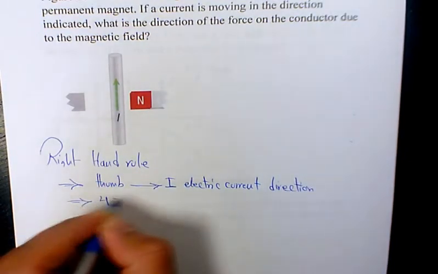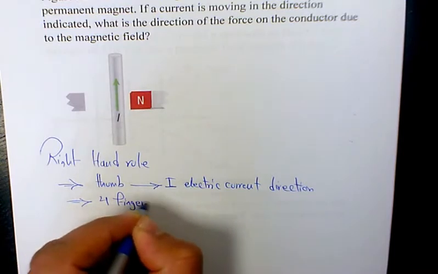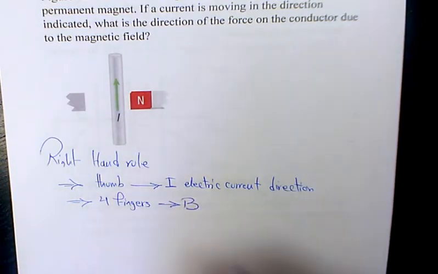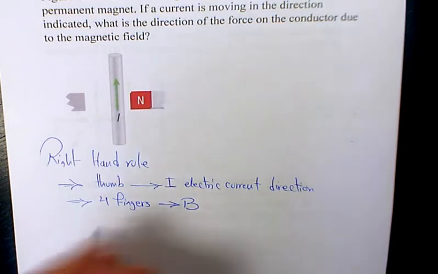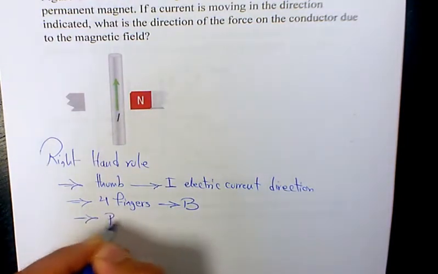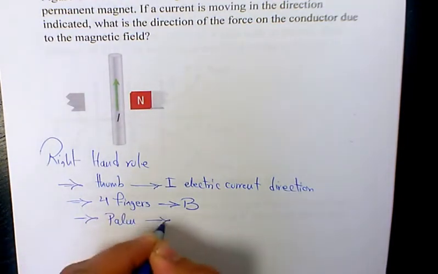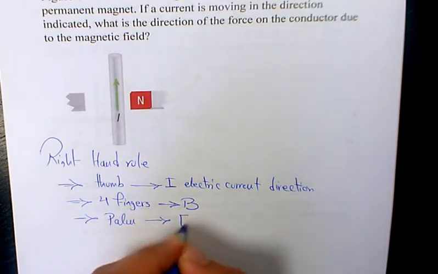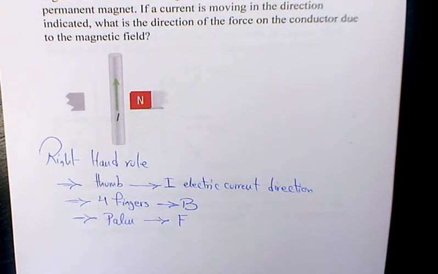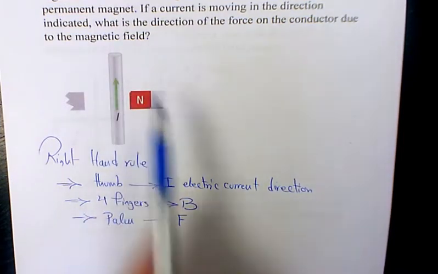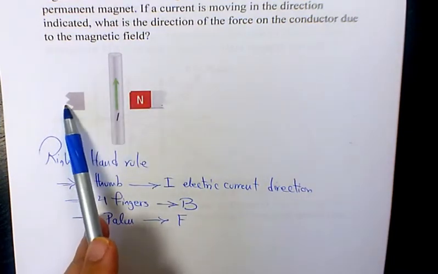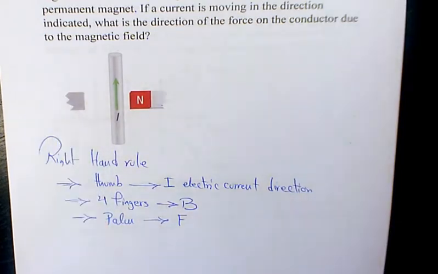Four fingers show the magnetic field direction, and then the palm of your right hand is going to show you the direction of the magnetic force.